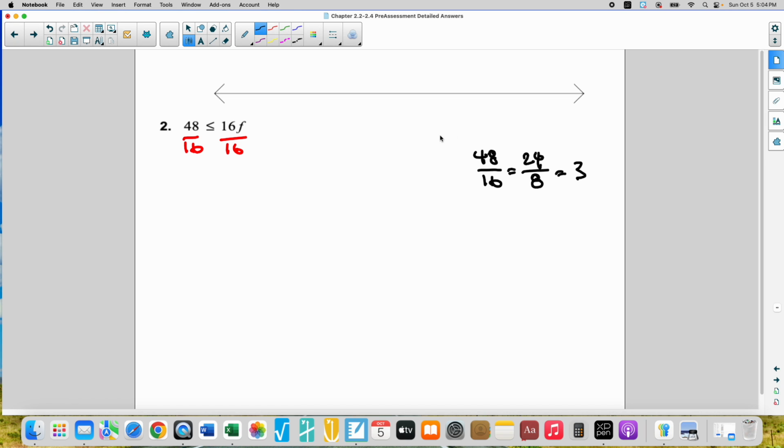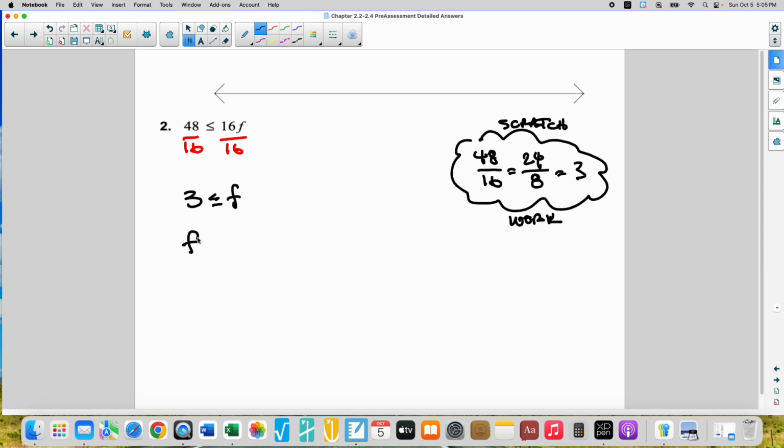So notice that I took a little time to do a little scratch work, just to ensure that I did this correctly. So we get 3 is less than or equal to f. We're going to rewrite it. We'll flip them to the other side, and it was eating the f, so it'll still eat the f when I rewrite it. 3, it's going to be a closed circle, and my solutions are greater than.